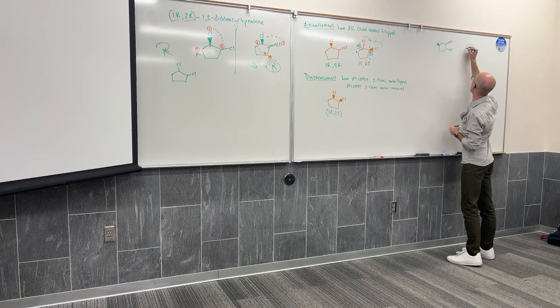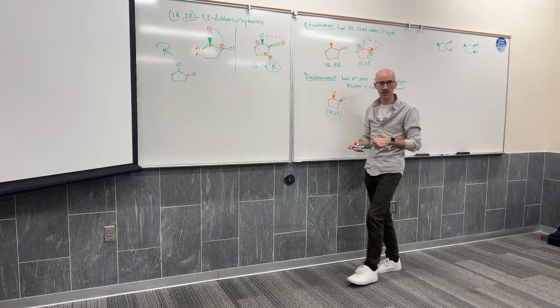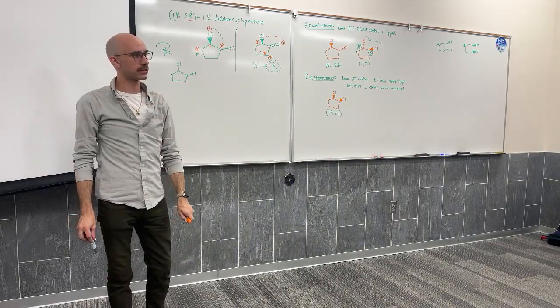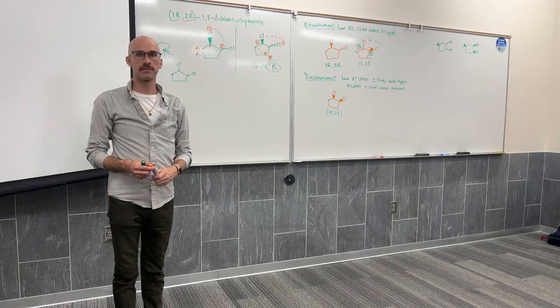So this is a molecule that we'll look at being able to synthesize towards the end of the semester. We'll do a reaction with the starting material, and we'll form those products. What is the relationship between those products?